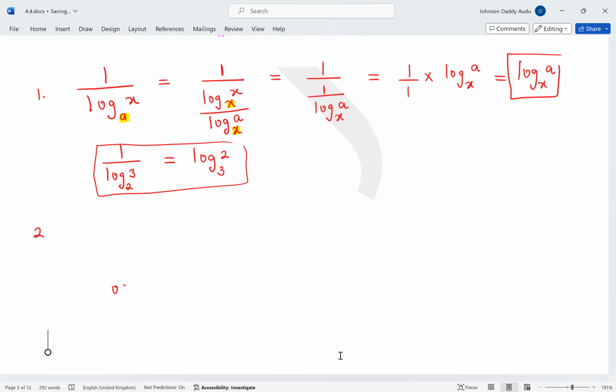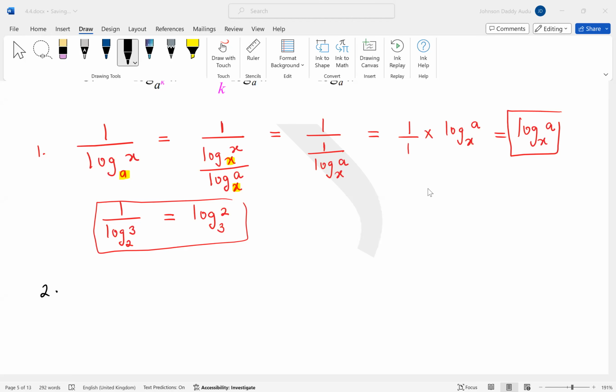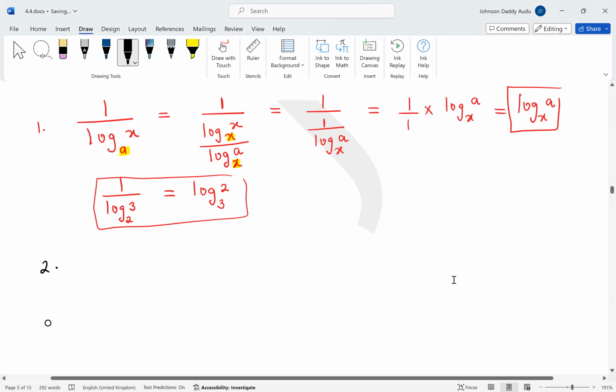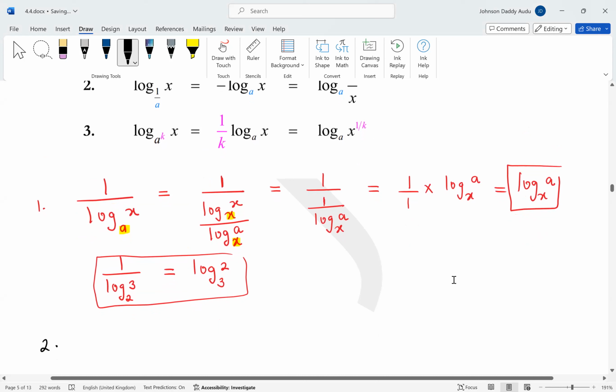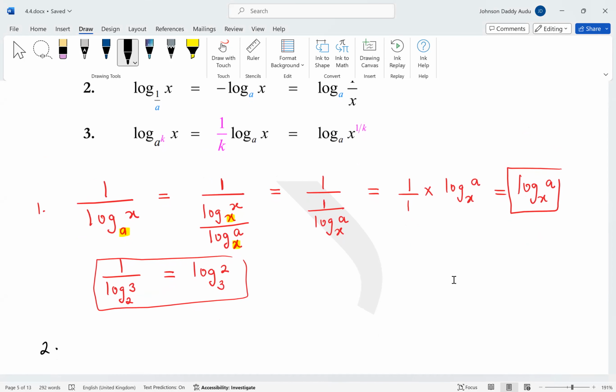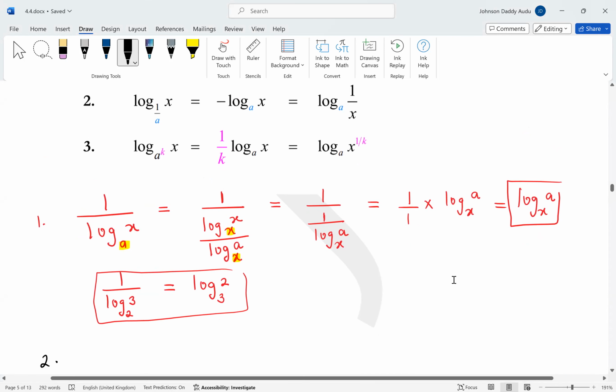So you have log to base what? If you look at the second property, what is the second fact? Is this one here. If you have log to base, just take a look. What is actually happening?